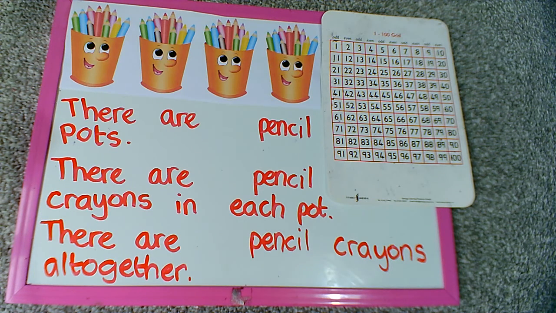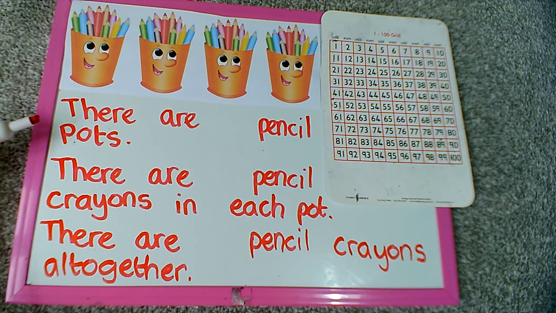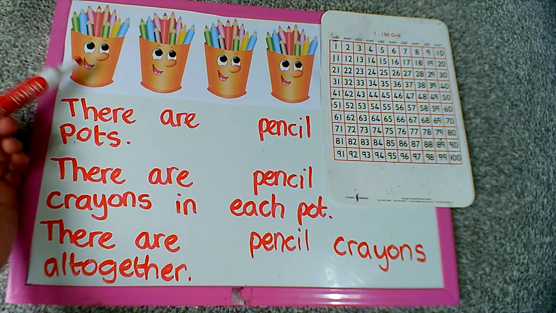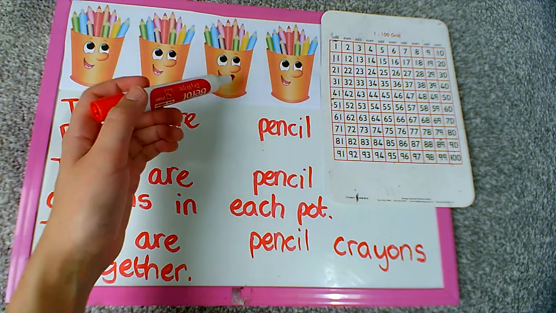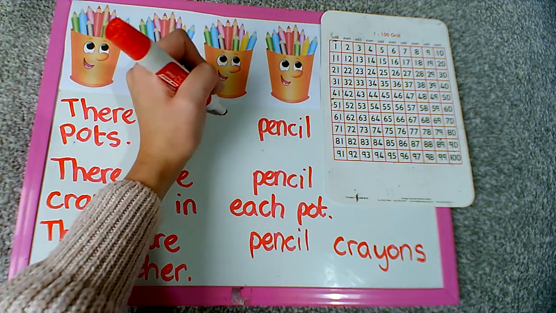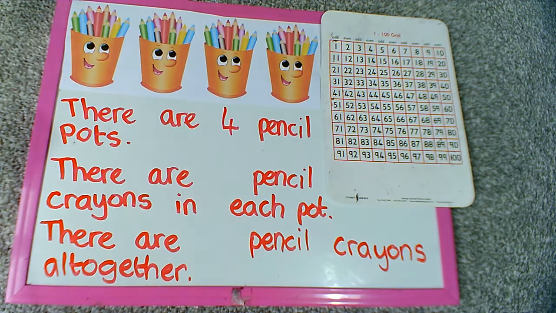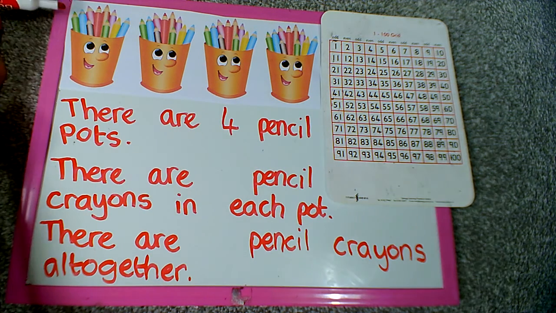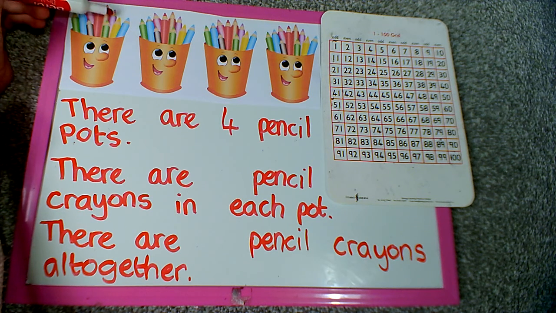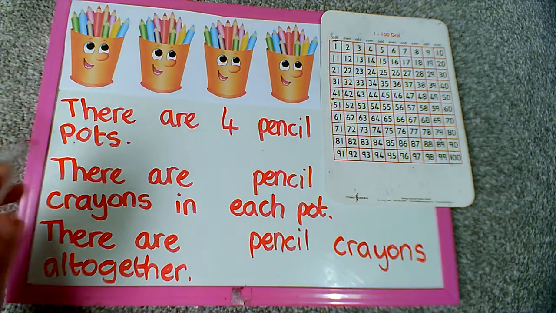So we have a new problem now. We need to figure out how many pencil pots we have all together. So there's 1, 2, 3, 4 pencil pots all together. And how many pencil crayons are in each pot? Well, there's 1, 2, 3, 4, 5, 6, 7, 8, 9, 10.